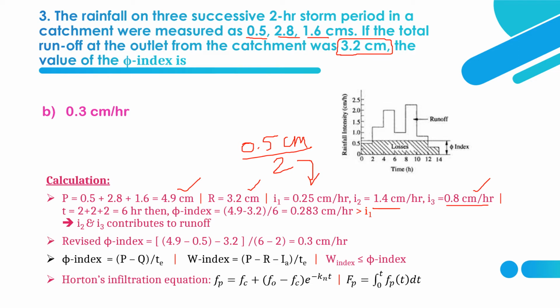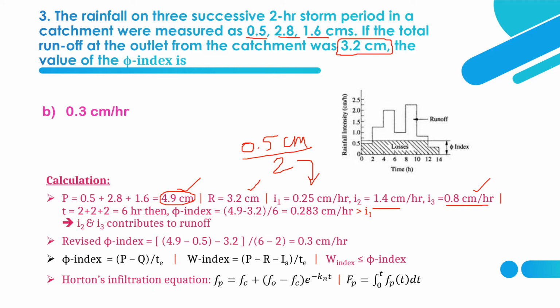So we have calculated the three intensities. How much total time is taken to get the precipitation of 4.9 centimeter? 2 plus 2 plus 2, 6 hours. So in a 6 hour duration, we get a total precipitation of 4.9 centimeter and total runoff of 3.2 centimeter.